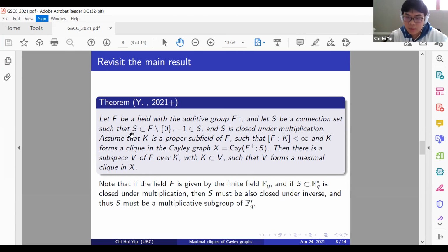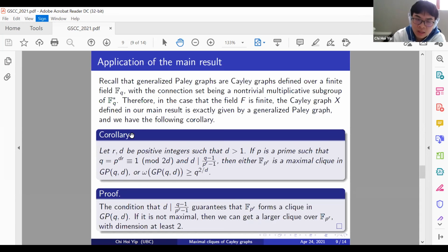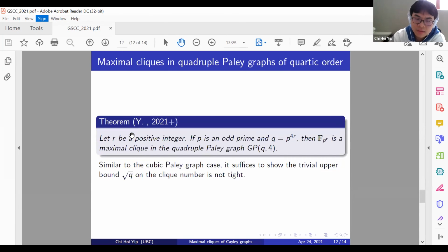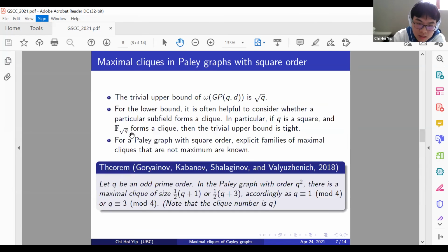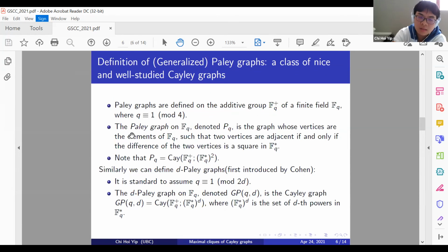In our case, we just apply this theorem for generalized Paley graphs. If you look at the definition of generalized Paley graphs, you can see that this graph is actually characterizing certain arithmetic structure of the elements in the finite field.